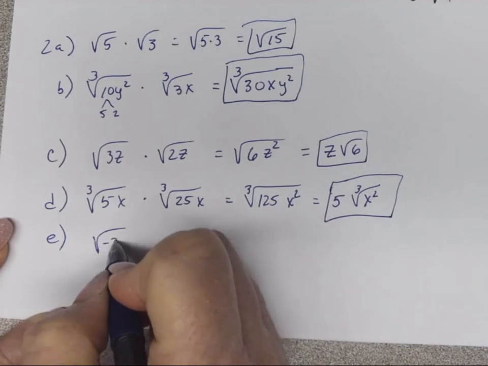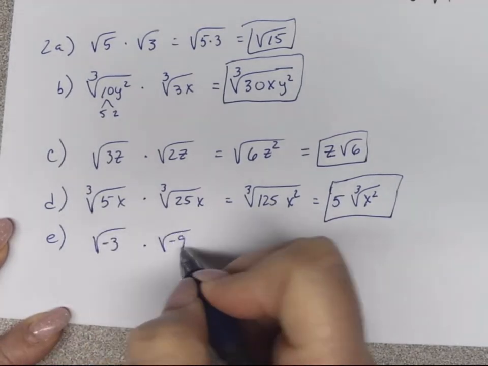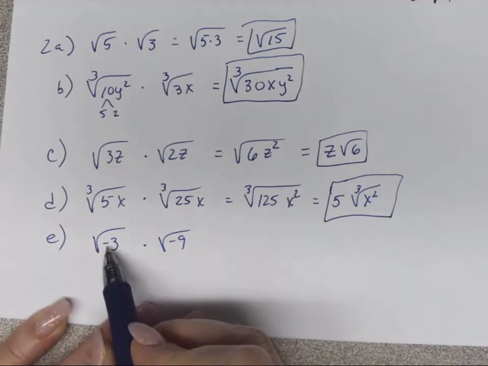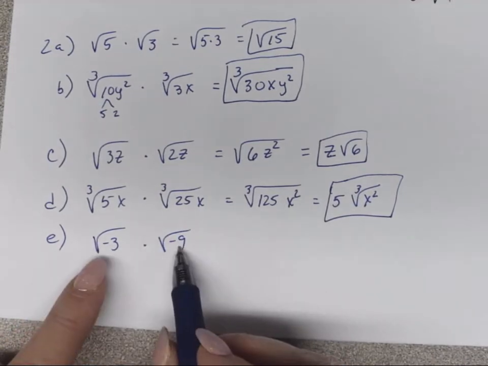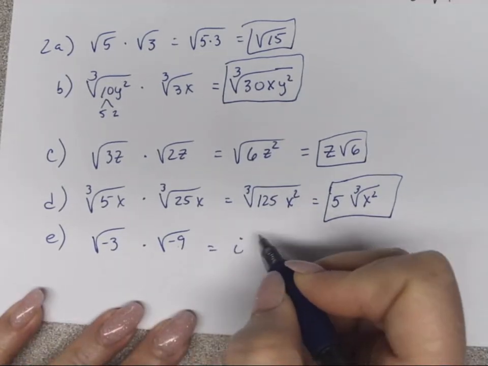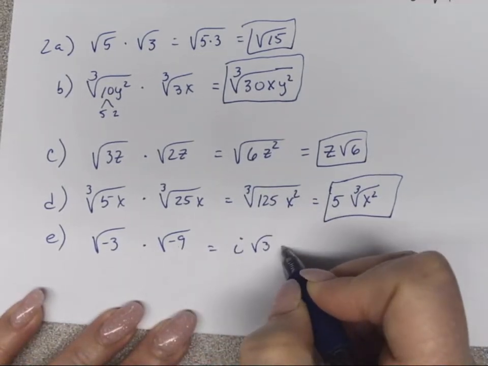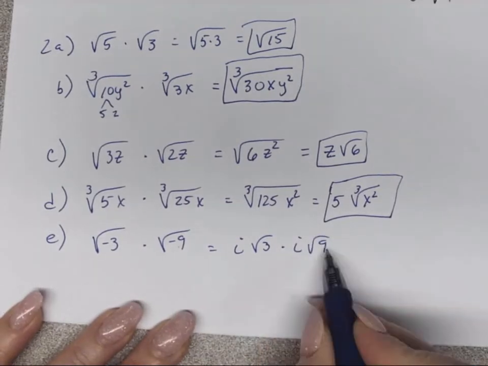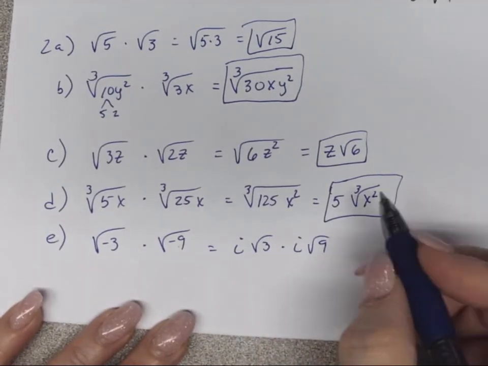Now here we have the square root of -3 times the square root of -9. On these, you have to take the i's out. We're not just going to multiply. We've got to take out the i. So i square root of 3 times i square root of 9. Well, I can take the square root of 9.